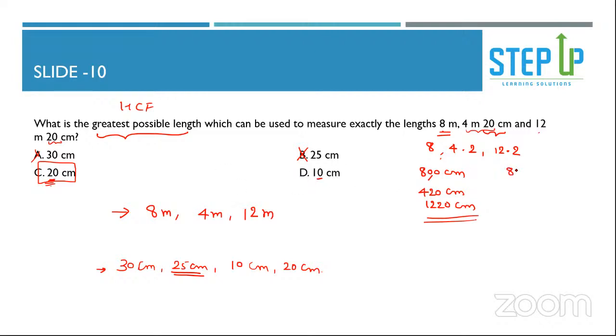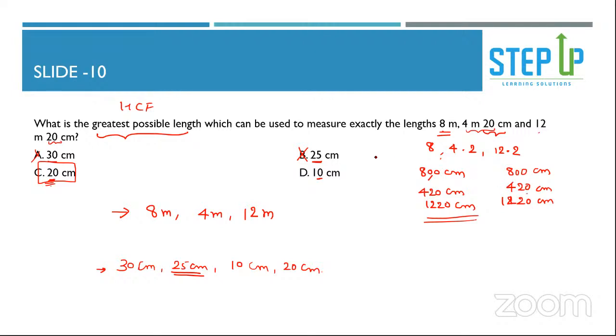Like here we have 800, 420 centimeter and 1220 centimeter. All right. So if you see 30 centimeter, just check, think about it. If I have a 30 centimeter scale, can I measure 800 centimeter with that? No, right? If I have a 25 centimeter scale, can I measure 420?